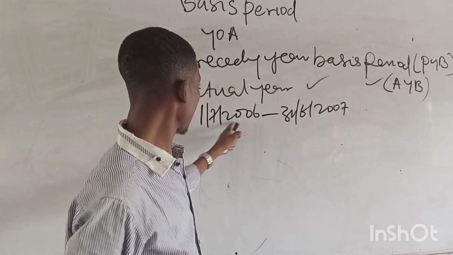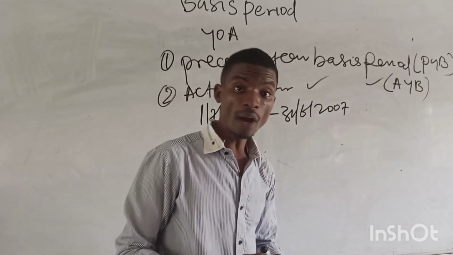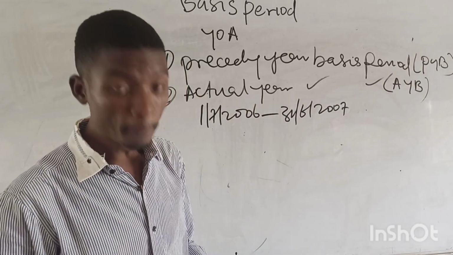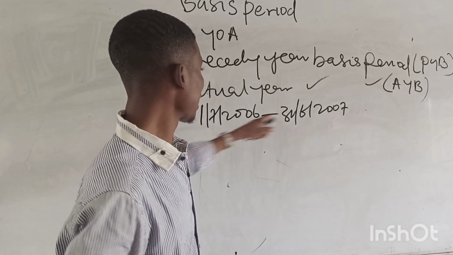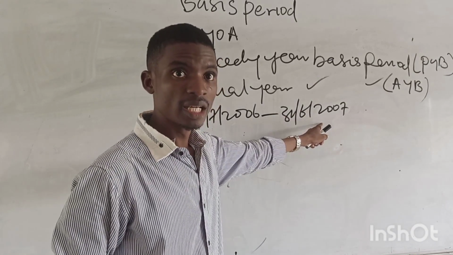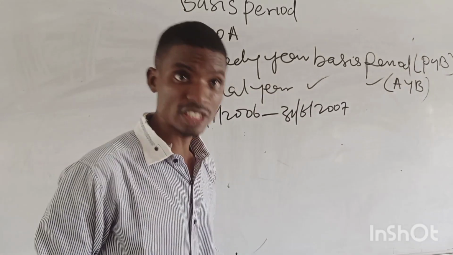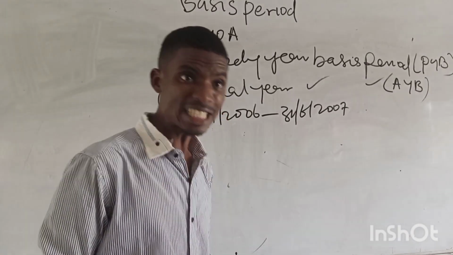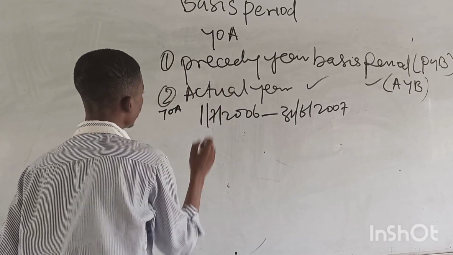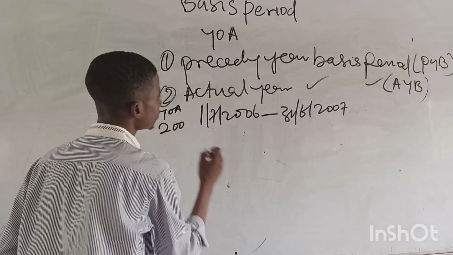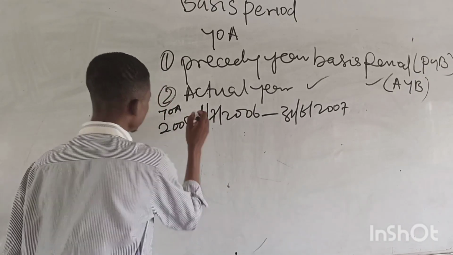If you count from year to year, it's going to give you 12 months. So assuming the business started here and made up its account here, what the basis period is trying to say is that the year of assessment is going to be 2008.